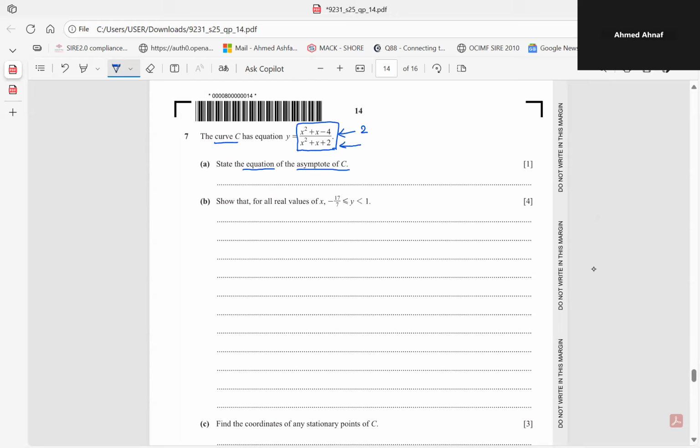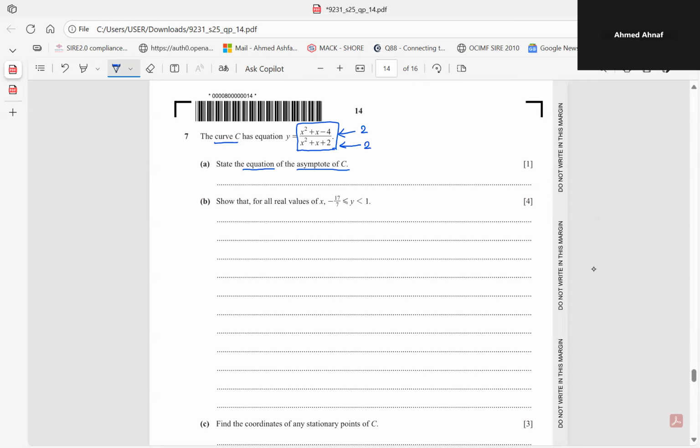I mean, it's a rational function, and the denominator is also 2. So hence, this would have a horizontal asymptote because the degrees of both the numerator and the denominator are the same. So to find that out, just divide by the coefficients of the terms with the highest power.